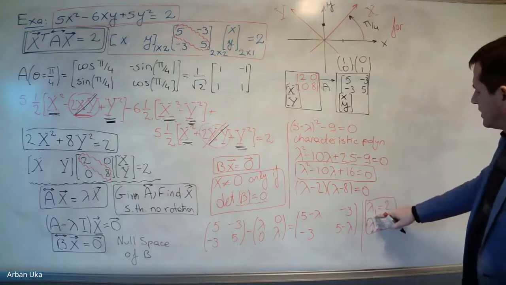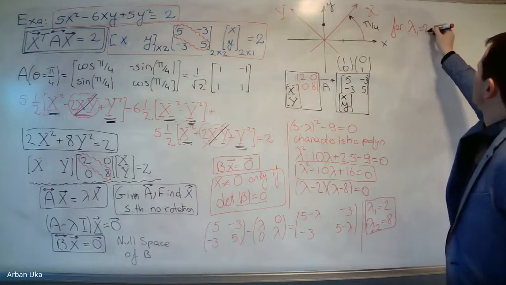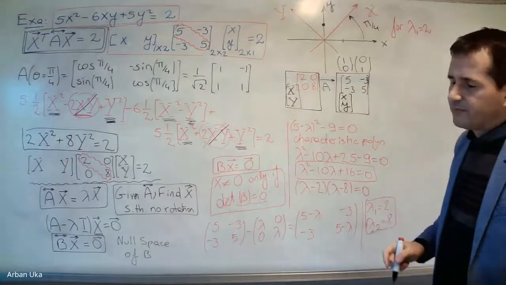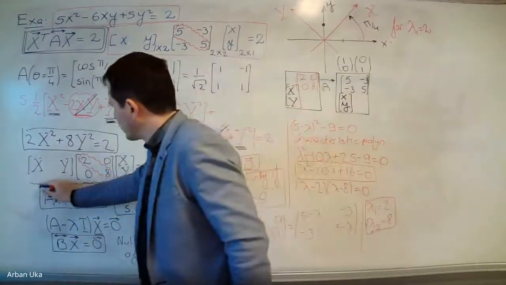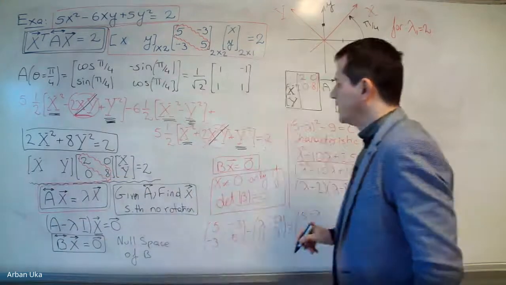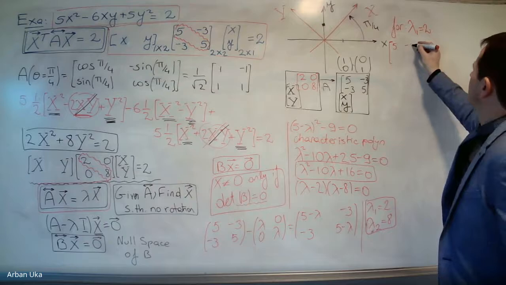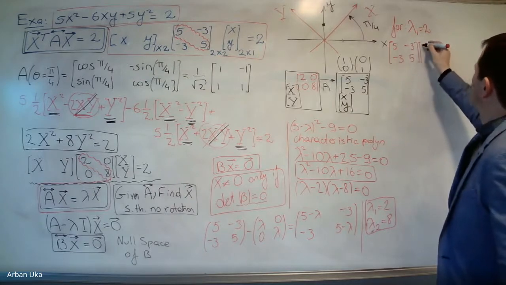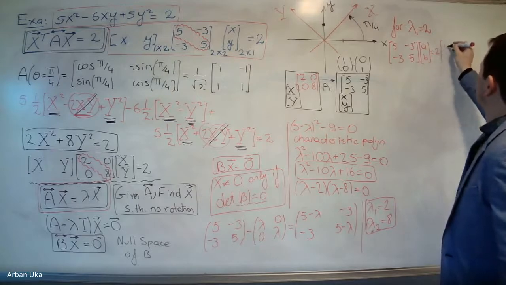So if we find lambda 1 equal to 2, what values of x can we find? Let's remember, the equation that we have to look for is this one. Okay, so here we have 5, minus 3, minus 3, 5, times a vector, which is (a, b), and this is equal to 2 times (a, b).